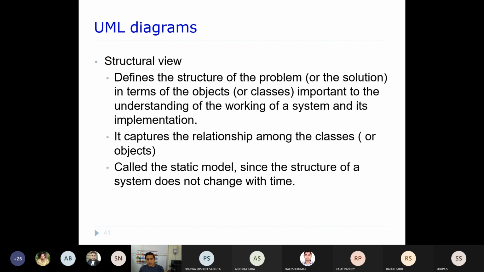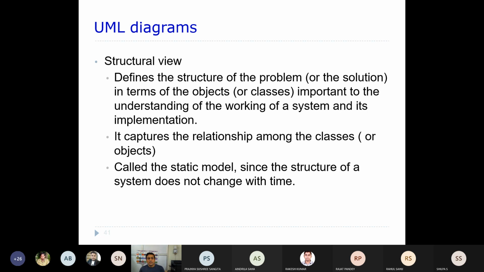Then there is the structural view. This defines the structure of the problem in terms of objects or classes. You have a problem or a solution, and you ask what different classes of objects you really need to implement that particular system.